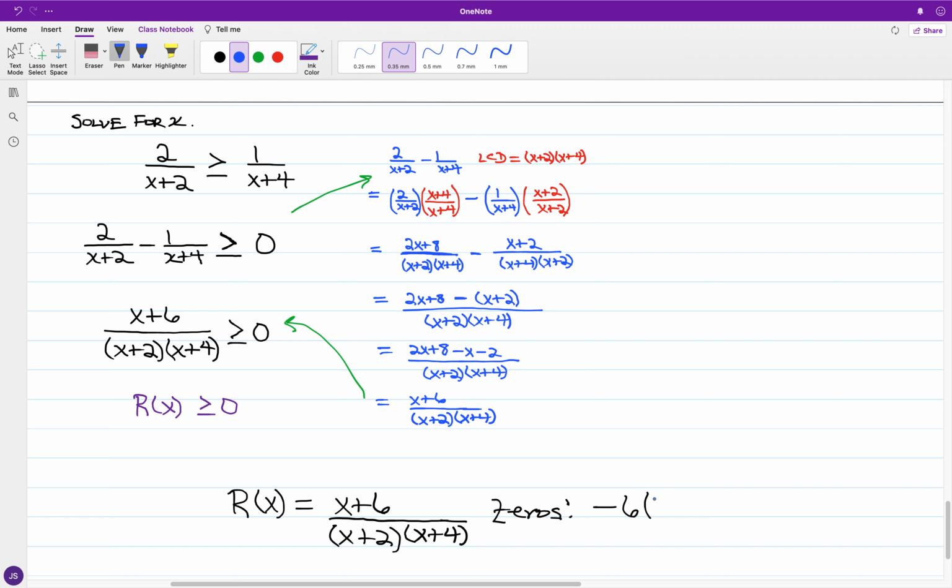You can say negative 6 is in the domain. Now x plus 2 and x plus 4 are factors in the denominator. So if x plus 2 is equal to 0, we have x equal to negative 2, but negative 2 is not in the domain. And for x plus 4 equal to 0, x plus 4 is in the denominator, just like x plus 2, so the resulting 0, negative 4, is also not in the domain.